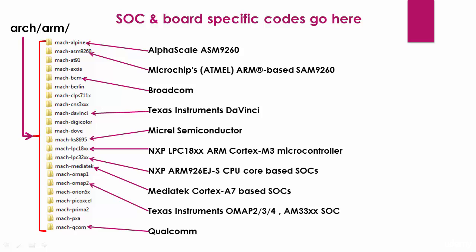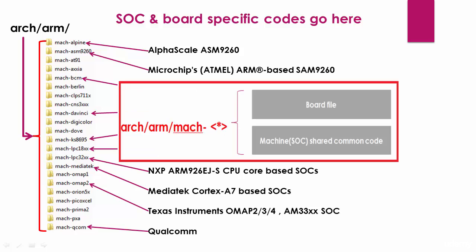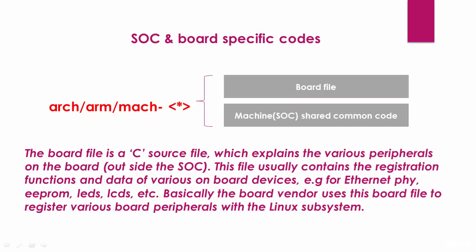Okay, so now strictly speaking, this machine specific directory has two parts as shown in this figure. One is board related, and another one is machine shared common code, or also you can say SoC shared common code.